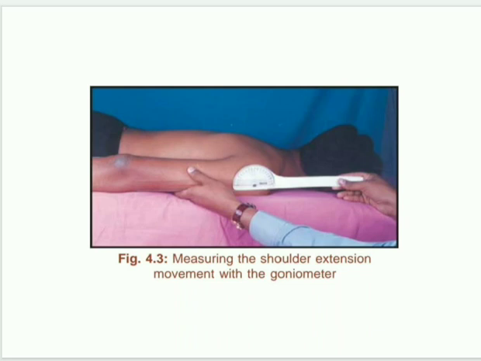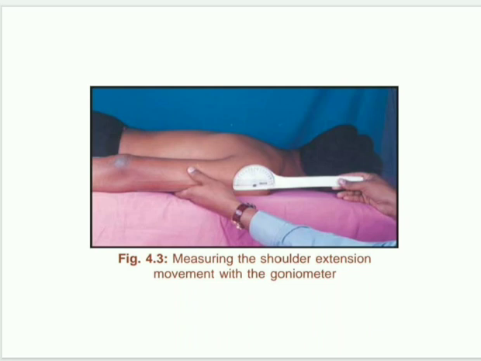The fixed arm, that is your stationary arm, should be parallel to the mid-axillary line of the thorax, and the movable arm is parallel to the midline of the humerus. And you need to take some caution: avoid flexion of the trunk, that is forward flexion of the trunk, and abduction of the shoulder.